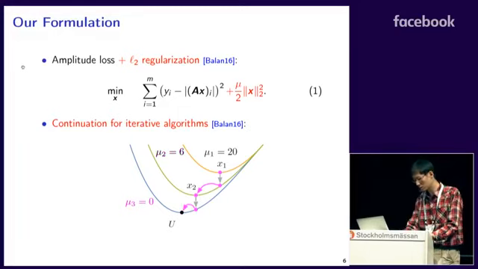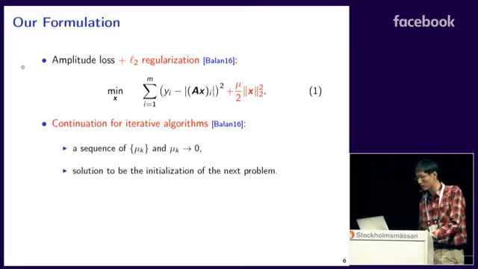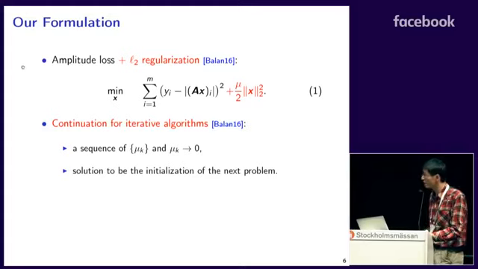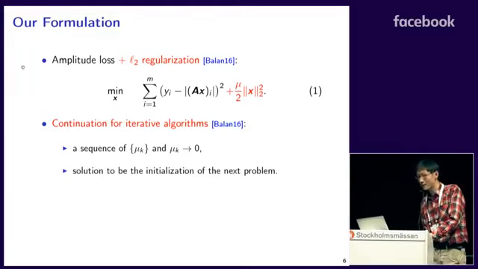So to conclude, the continuation idea is the following. We pick a sequence of regularization parameters, mu_k, decreasing to 0. Then the solution of the current optimization problem will be the initialization of the next problem. This sometimes can provide a better estimate compared to directly solving the original optimization problem.